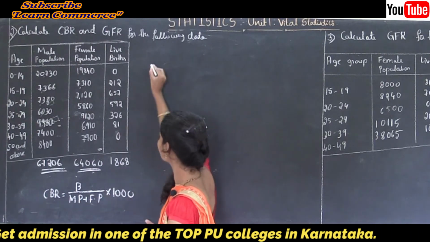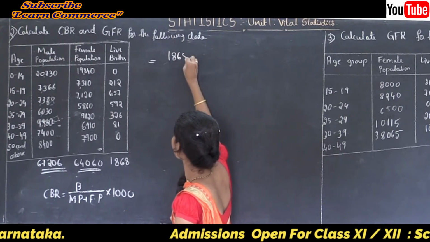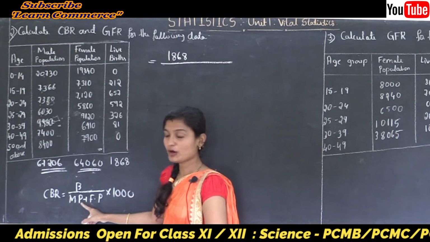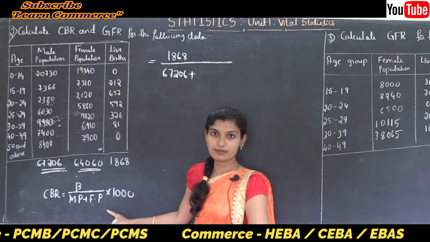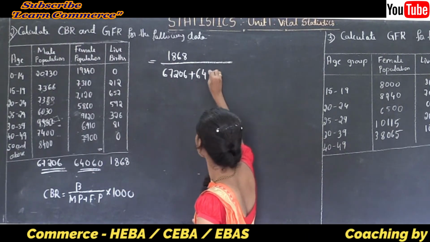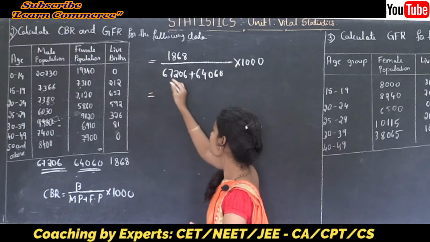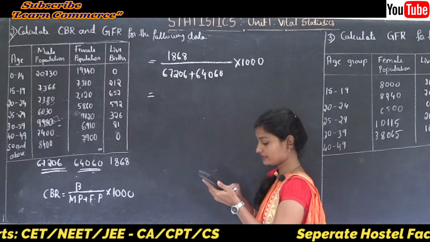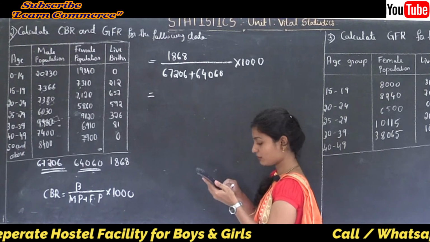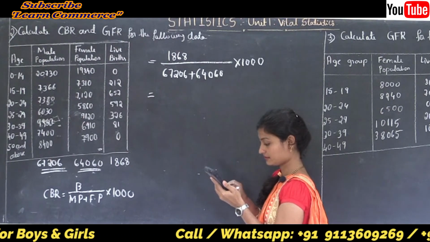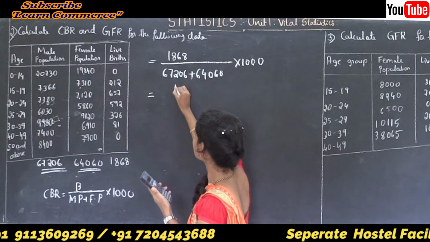So CBR is equal to births, that is 1868, divided by male population, that is 67,206, plus female population, that is 64,060, into 1000. 67,206 plus 64,060 is 1,31,266.